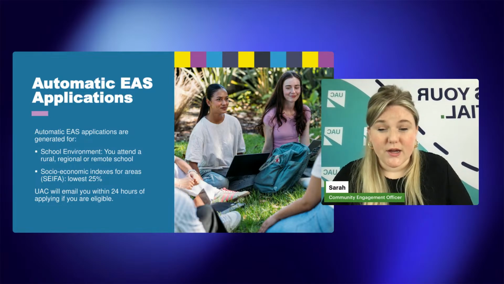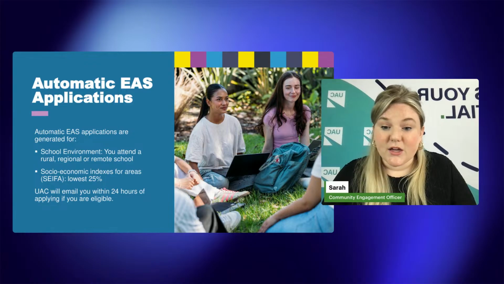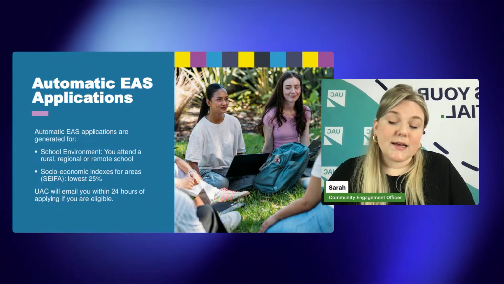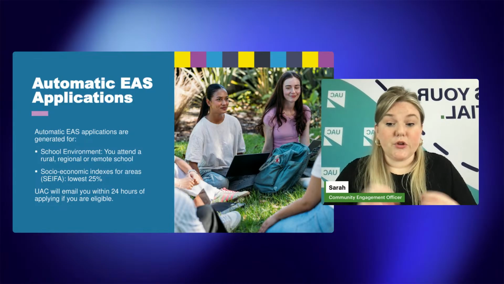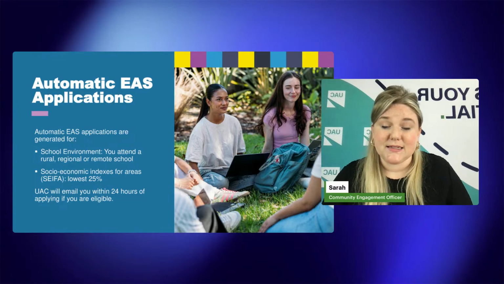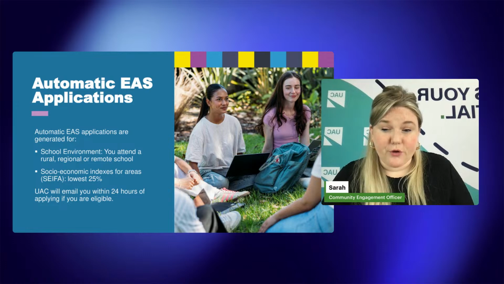The other category that we automatically generate an application for is socioeconomic indices for areas. So if your residential address has been identified to be within the lowest 25 percentile of socioeconomic indices, we'll also automatically generate an application for you for EAS.